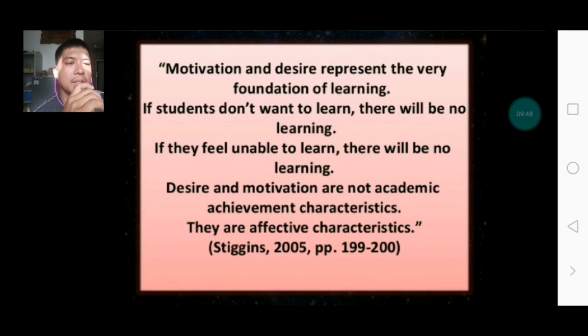As you can see, as I said earlier, if students don't want to learn, it's useless for the teacher to teach that learner. So the attitude, the characteristics, and the environment will also affect the learning of the learners.